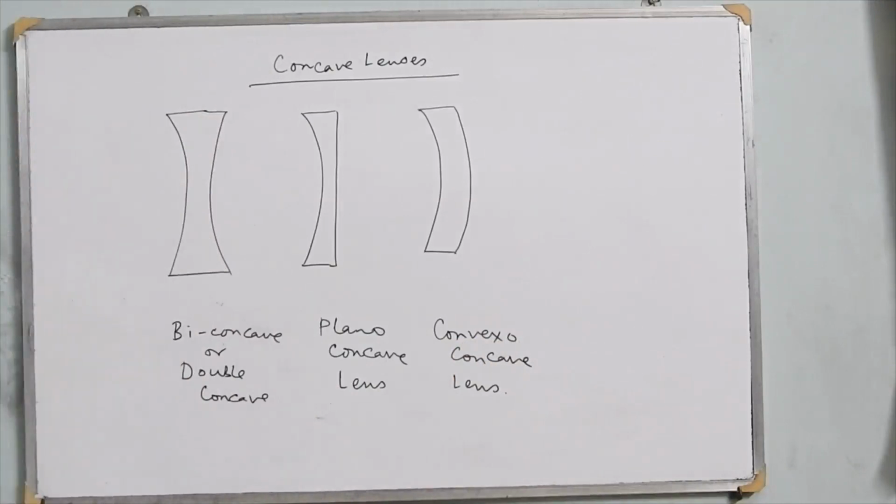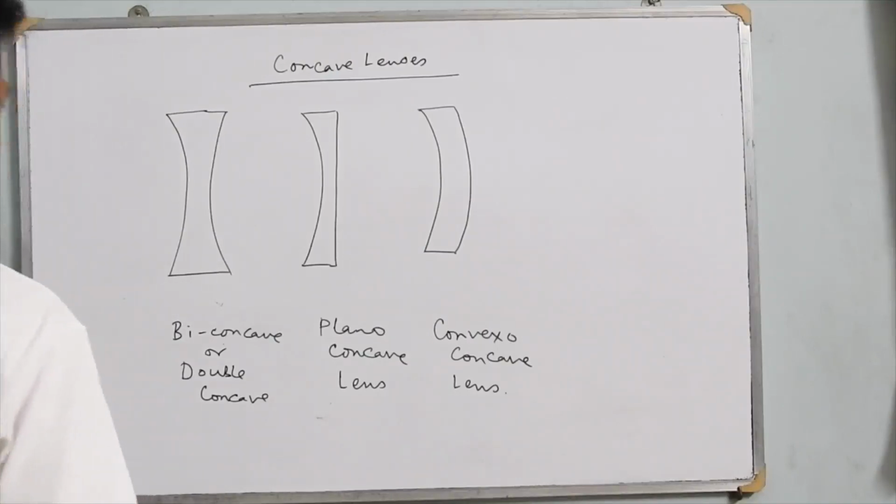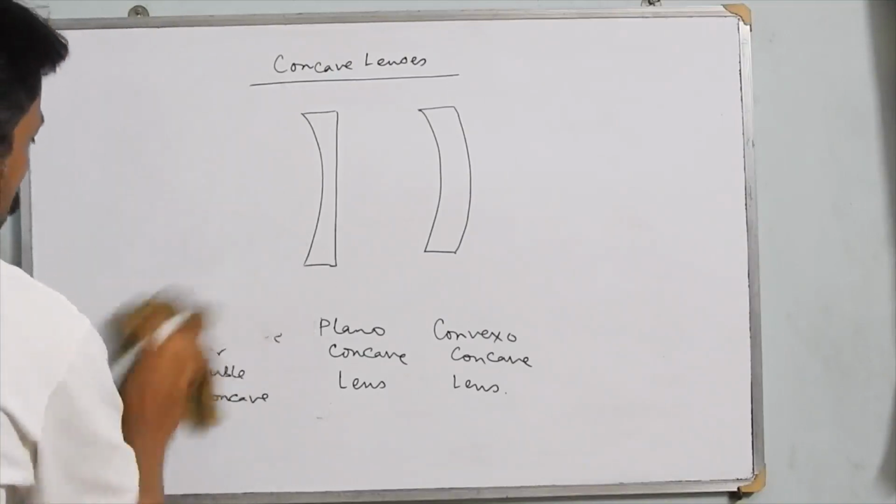So these are the popular types of convex and concave lenses available. Now the concave lens is a diverging lens and the convex lens is a converging lens. That can be realized by studying how light refracts through that particular lens. So let me show that using a diagram.